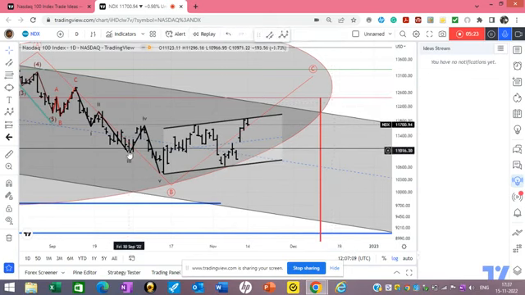So I've drawn the parallel channel technique which I'm using. It will break through this, come back, test it. This trend line will be tested, and then the move will come up. That is one way of looking at it also.